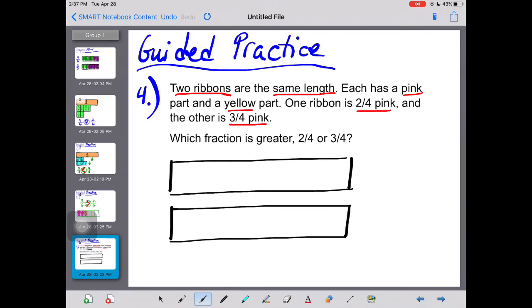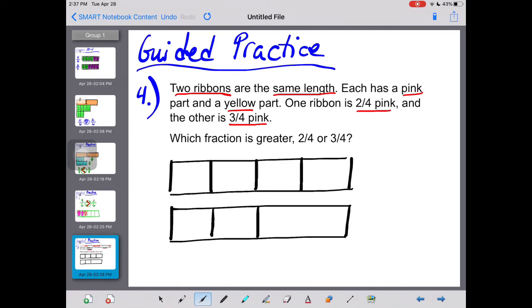Now, I'm looking at the denominators, and there's the number 4. They both have the same denominator, 4. So that means they've been cut up into fourths. So let's cut them up into fourths. You cut that in half, and I cut that in half, and that in half. Now we have fourths. So I'll do the same thing.